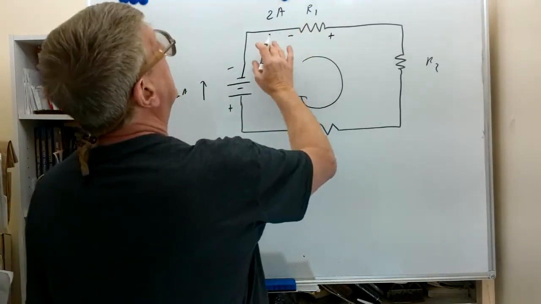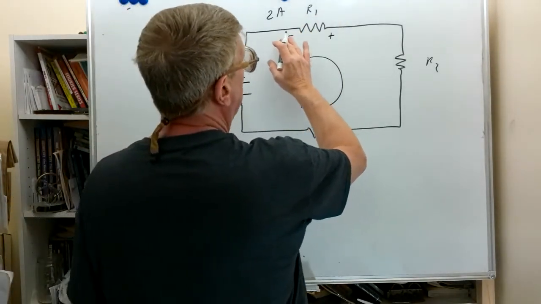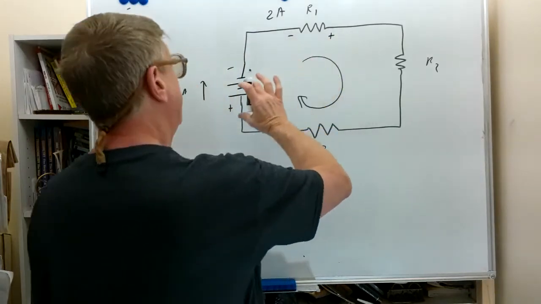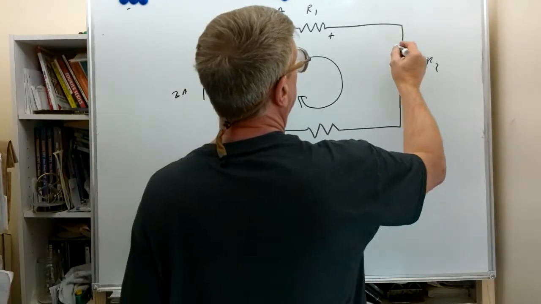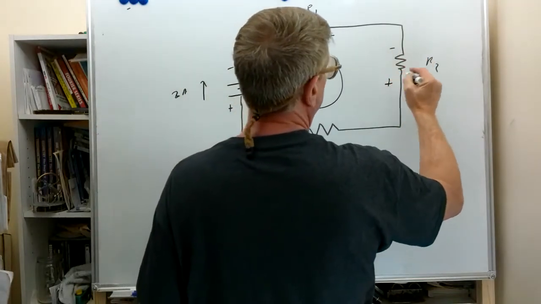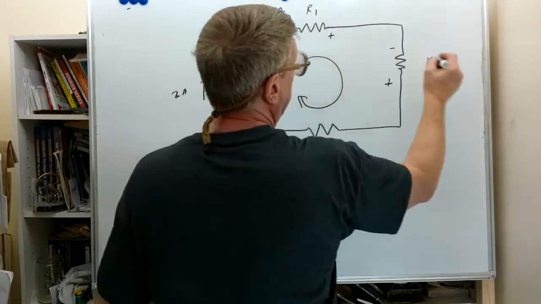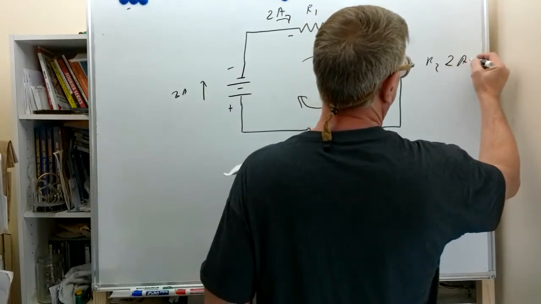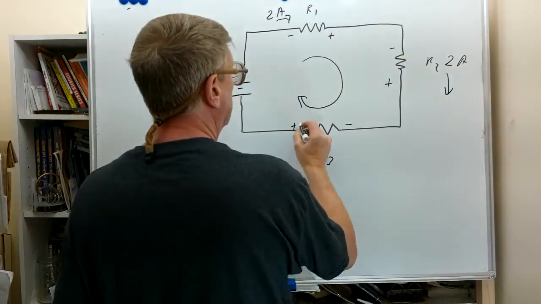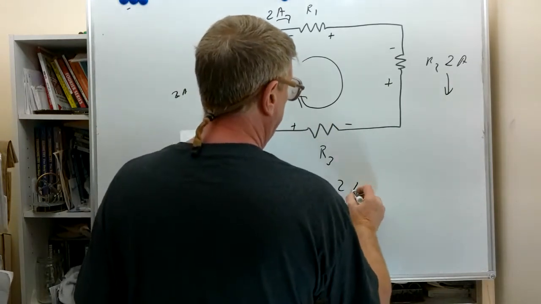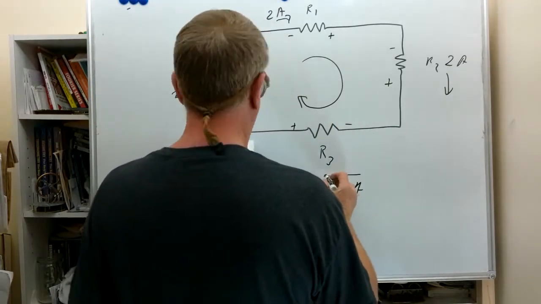In the load, the current electron flow goes from negative to positive. Inside the source, it goes from positive to negative. Again, we have 2 amps here flowing in this direction, and 2 amps flowing this way on this one.